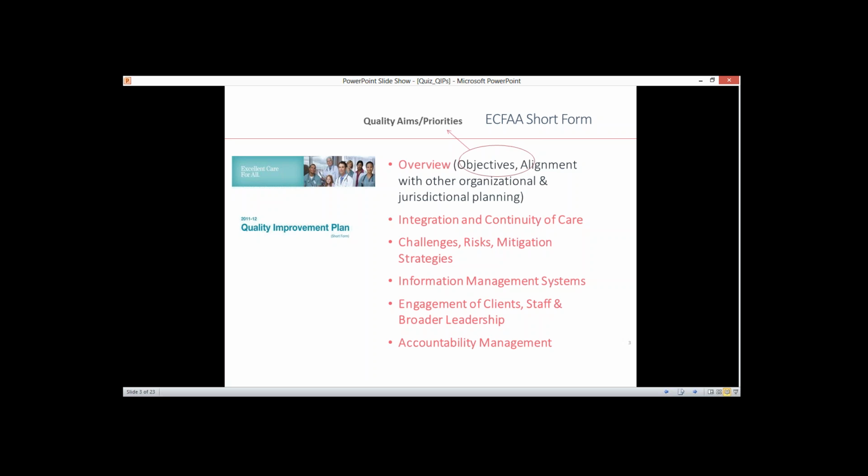Next is how you will leverage your existing information management system to support the indicators in the quality plan. And then in the next bullet, how you will engage clients, staff, and broader leadership in the action plan that is the basis of your quality plan.